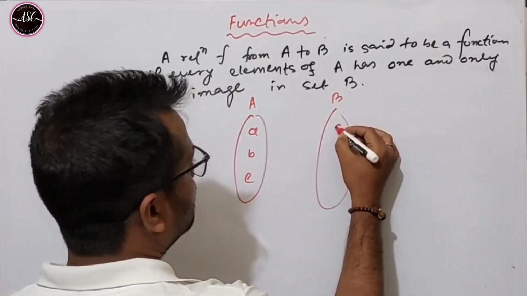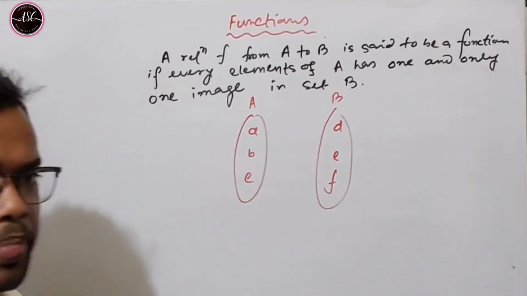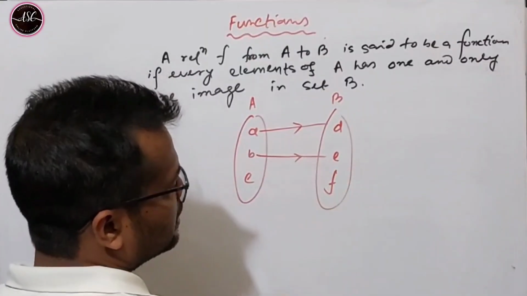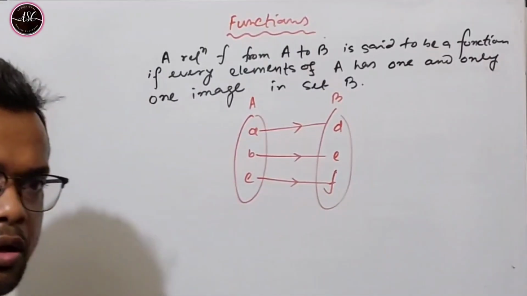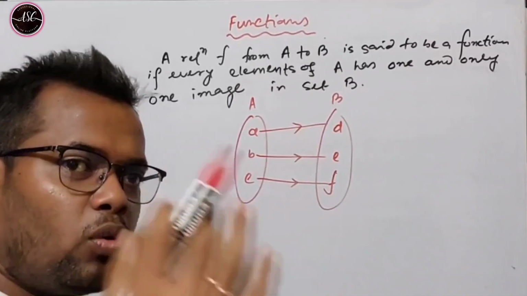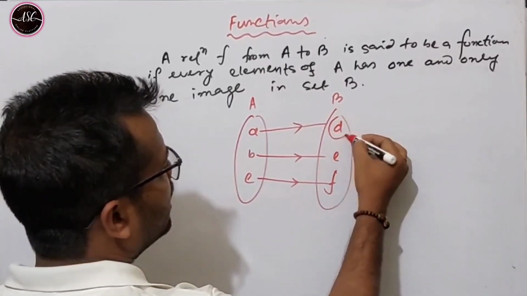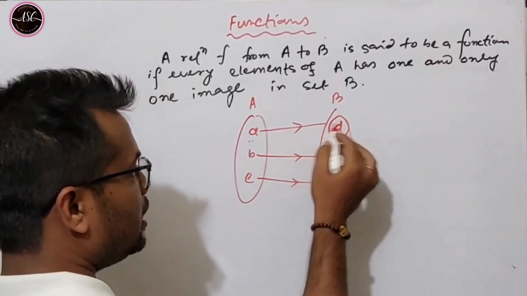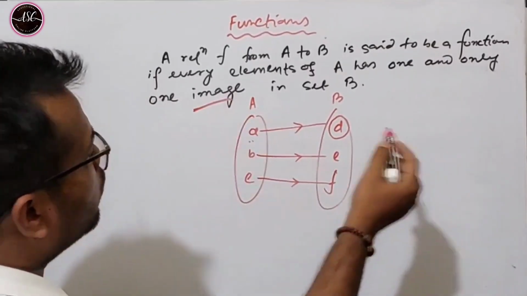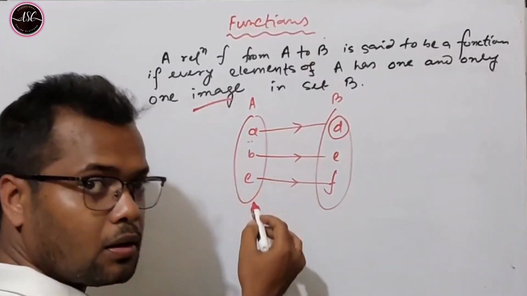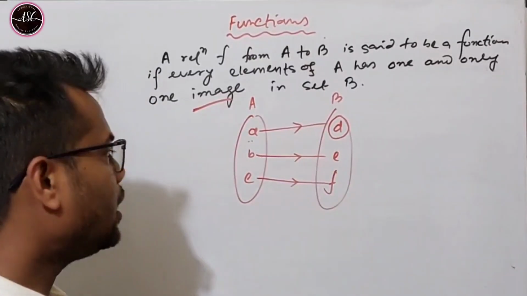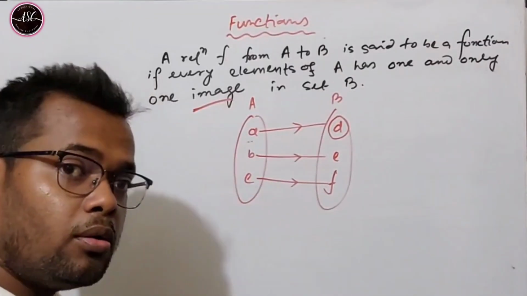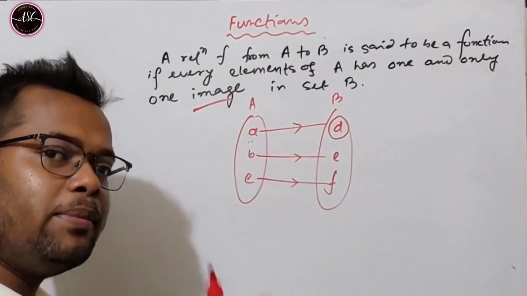Here D, E, F. Okay, here there is a relation A and D, also B and E, and C and F. So there is one and only one image of each element in A. D is the image of A. That means A has only one image D, and B has only one image E, and C has only one image F. There are no two images or more than one image.